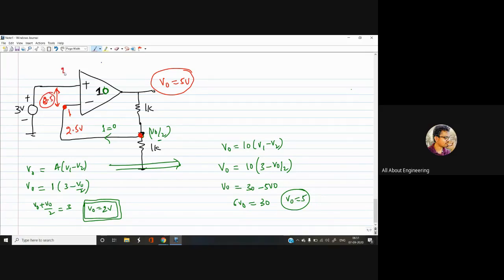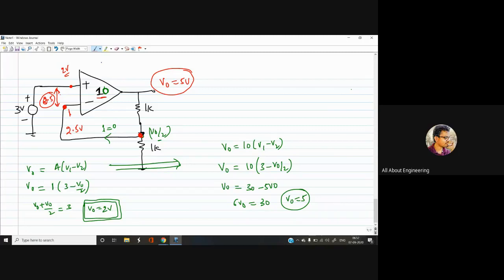But in the previous case it is 2 volts. So this is the point that I want to make. As the loop gain increases from 1 to 10, the error between the non-inverting and inverting terminals decreases to a lesser value.